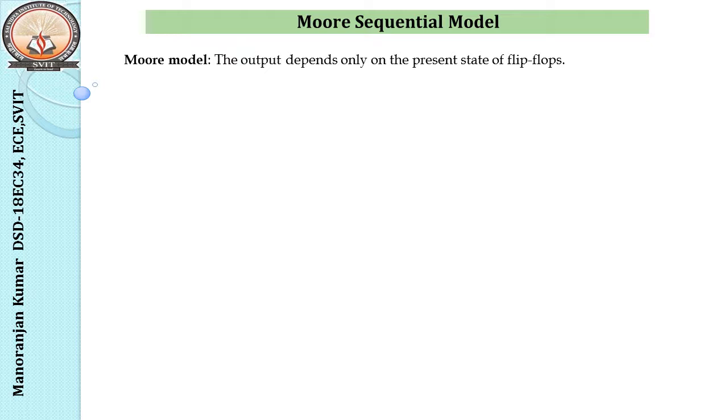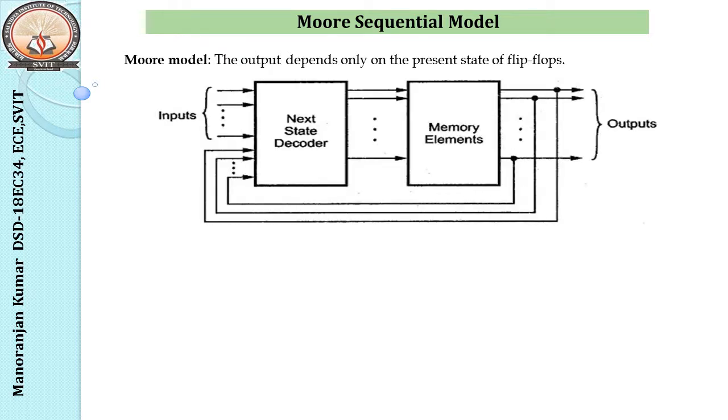But in the case of Mealy, the output depends on both the present state as well as the input to the sequential circuit. The difference between Moore and Mealy is that in Moore, the output depends only on the present state of the flip-flop, but in Mealy, the output depends on both the present state of the flip-flop as well as the input to the sequential circuit.